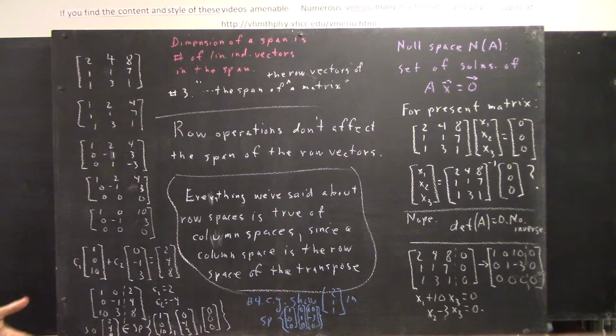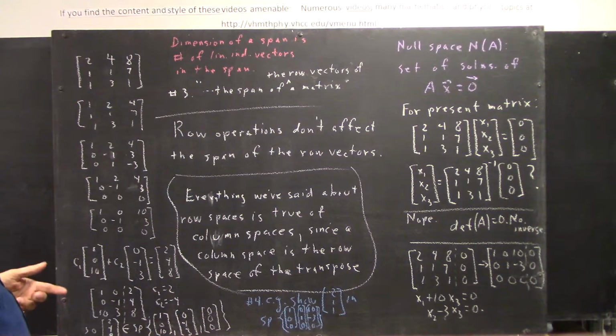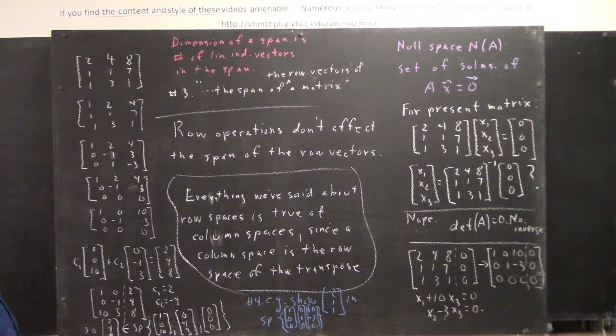Similarly, these vectors will be represented as column vectors, and you'll see that right here. We start by looking at whether this vector, the 2, 4, 8 vector, can be represented as a sum of these row vectors.